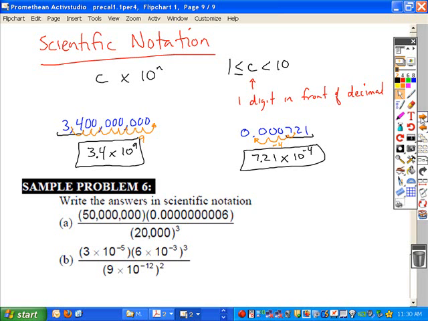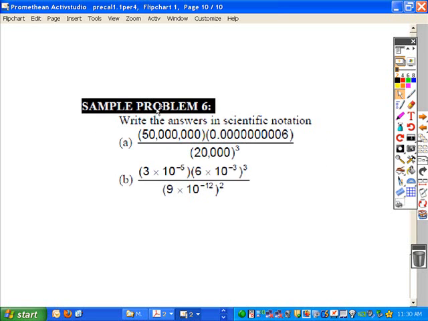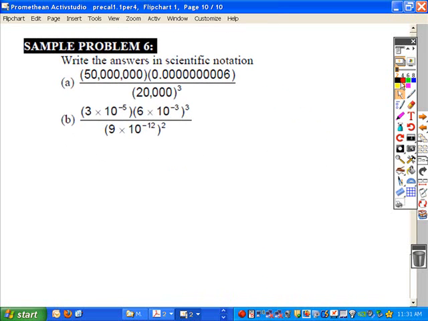Okay, so let's look at this first example. I'm going to move these into a new page here. In this first example, let's write all the numbers in terms of scientific notation. So what would 50 million be? 5 times 10 to the what power? 1, 2, 3, 4, 5, 6, 7.